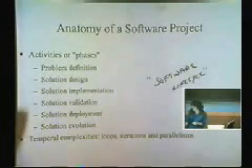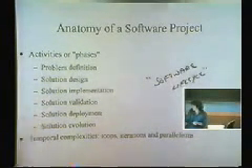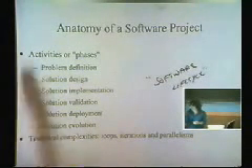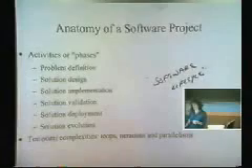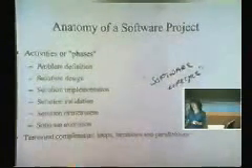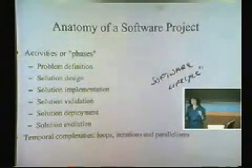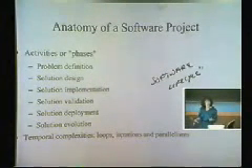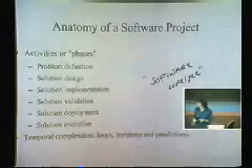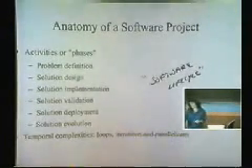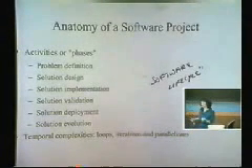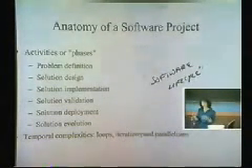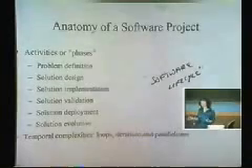Solution validation deals with the question of determining whether the solution that we have designed here and that we are implementing here actually solves the problem correctly, or whether it has defects and faults. Solution validation includes testing. It includes the process of both testing individual modules or functional components and testing the system as a whole.